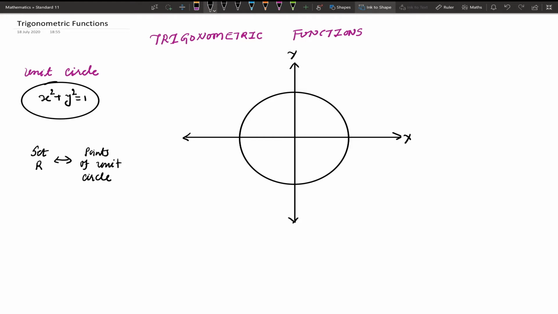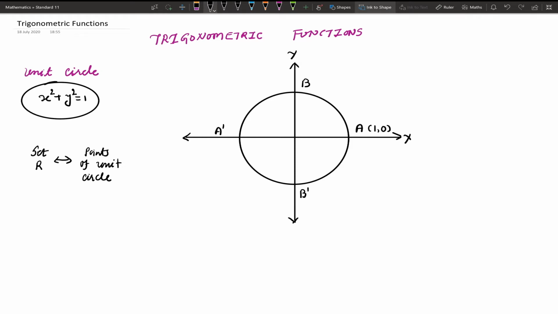So 4 points are fixed on a unit circle. A, B, A prime, B prime. Coordinates of A 1, 0.